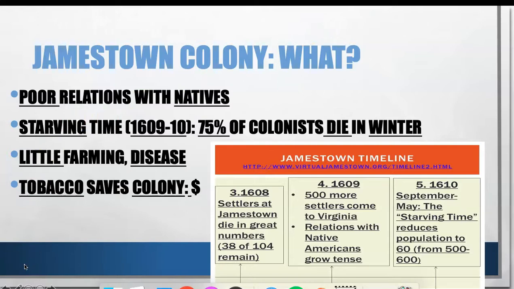So in 1609, with those tense relations, you have a particularly bad winter in 1610, and this is what we call the starving time. The population of Jamestown was roughly 500 to 600 people at the start of the summer of 1609. By the end of the winter of 1610, when you get another supply ship of settlers coming from the Virginia Company, there's only 60 people left. We don't know exactly what happened at Jamestown during the starving time, but the evidence that we do have suggests that things were not good.